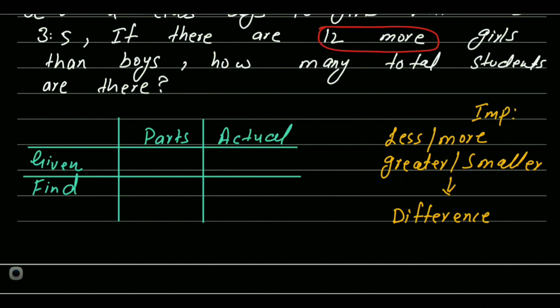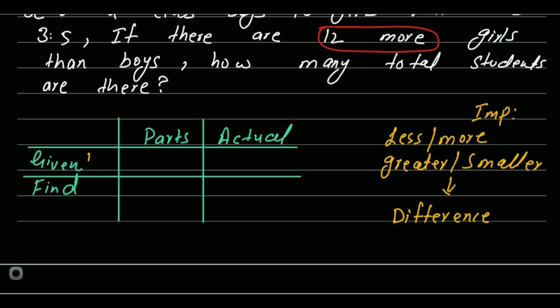So if these words are given to you, that means difference is given to you. So here if there are 12 more girls, the word more is used here, so it means that 12 is the difference.